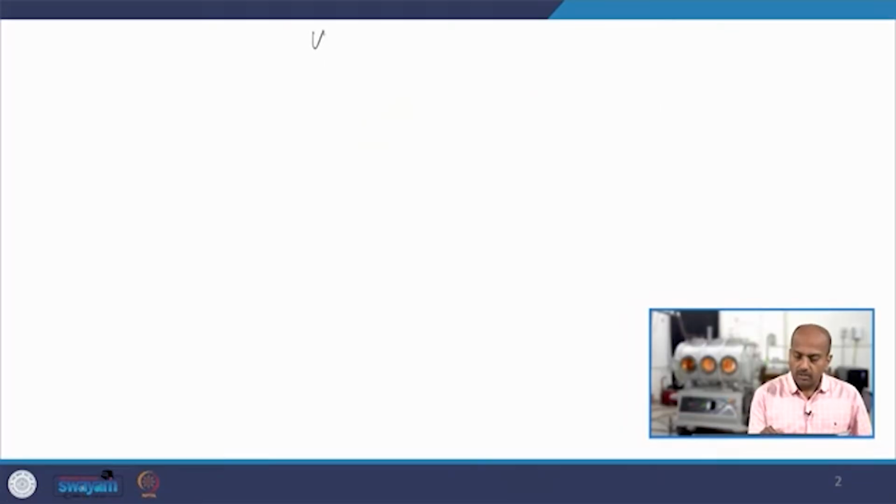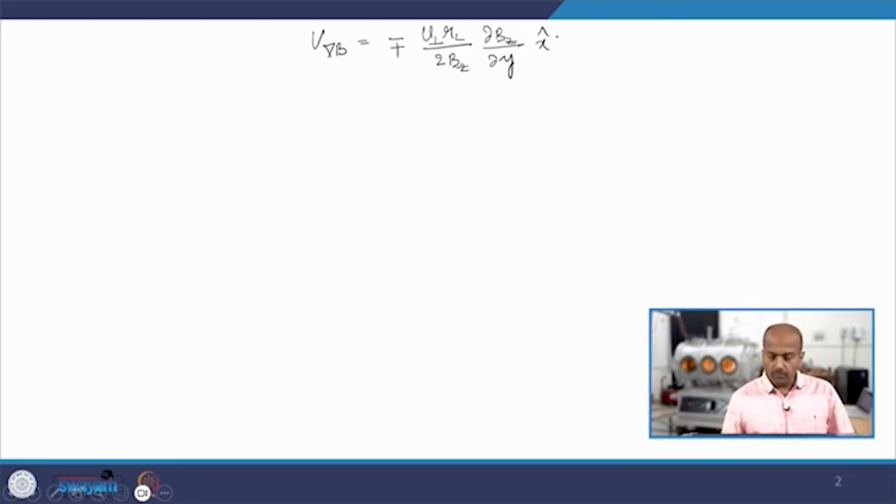So, we will continue our discussion. We have derived an expression for the gradient drift, V del B, the gradient drift as minus plus V perpendicular RL by 2 times 1 over BZ, dou BZ by dou Y along x cap, right.